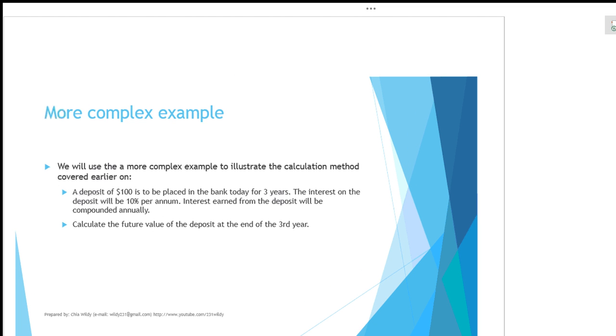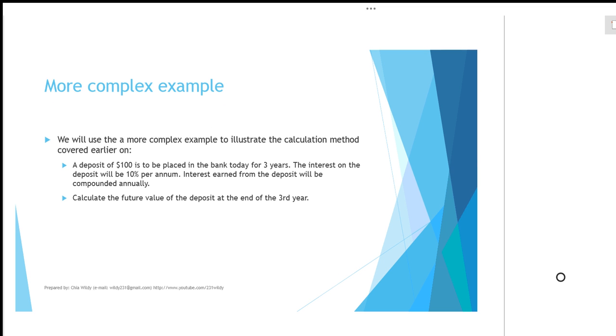So let's look at a more complex example using the same compounding formula. Let's say we have the same $100 deposit placed in the bank today, but now for a 3-year period, the interest will be at 10% per annum and it will be compounded annually. Calculate the future value of the deposit at the end of the 3rd year. Very simple. We apply the formula: future value equals present value multiplied by (1 plus i over 100) to the power of n.